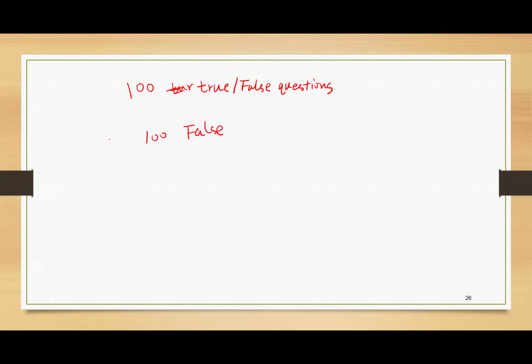Let's say your friend's name is little A. He gives 100 false answers for these 100 questions. And you are studying quite well in this course, not perfect, but still quite well, so you got 80% correct answers.